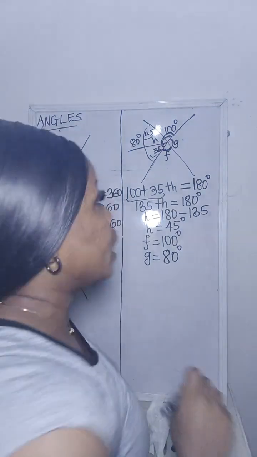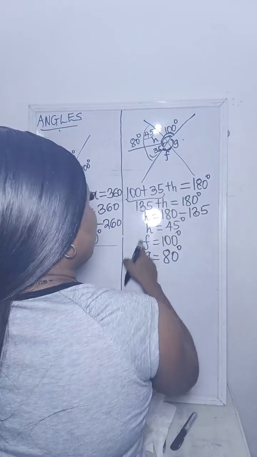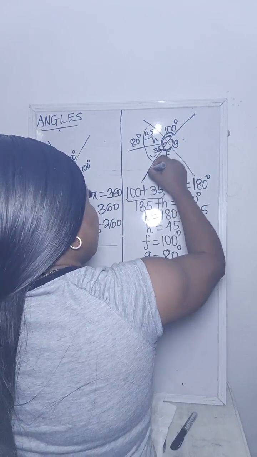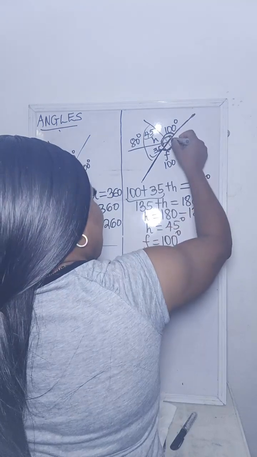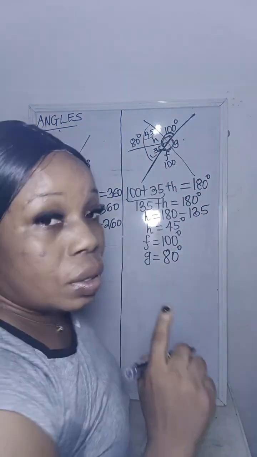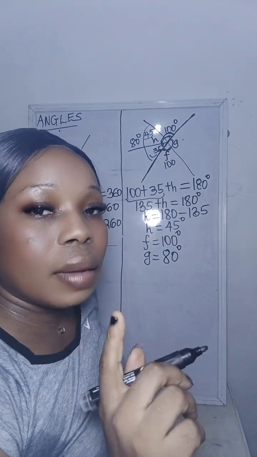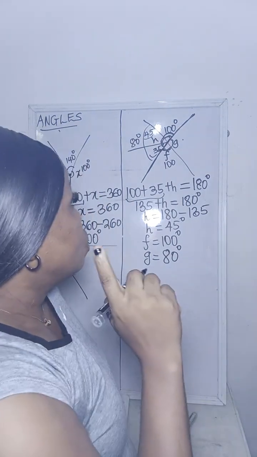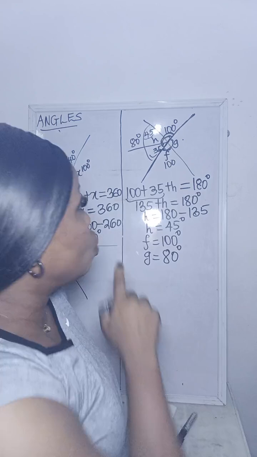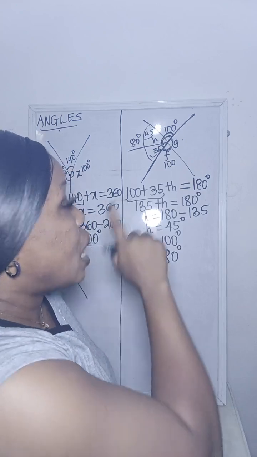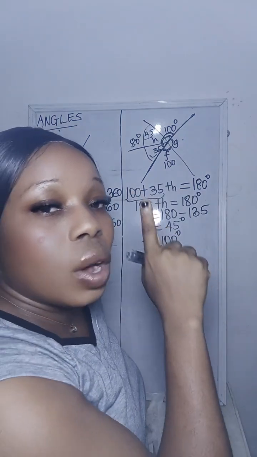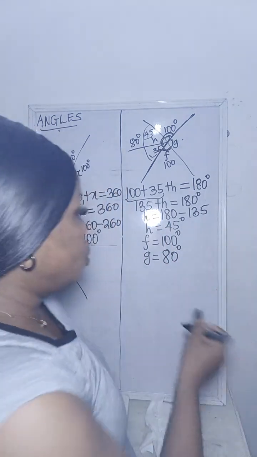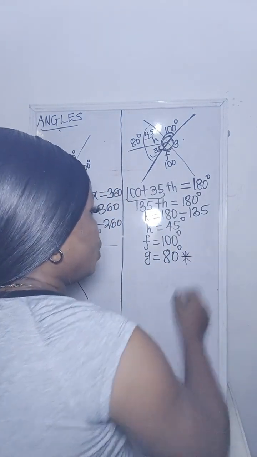Or if you want to check, since we've gotten F to be 100, and this is a straight line, F and G are on a straight line, so the sum of F and G would give you 180. If F is 100, when you take away 100 from 180, you will get 80. So it means we are correct.